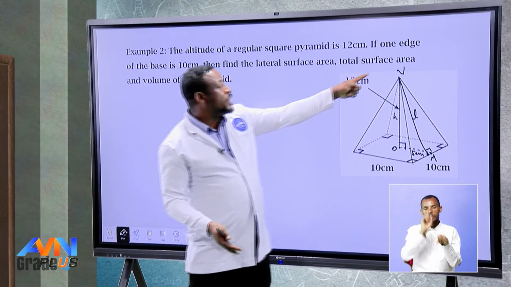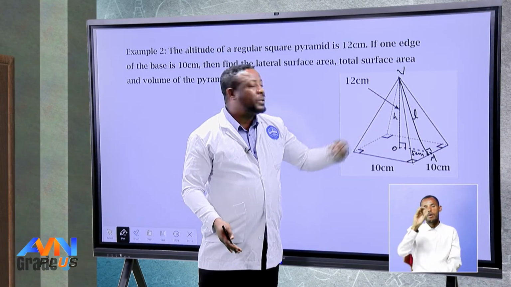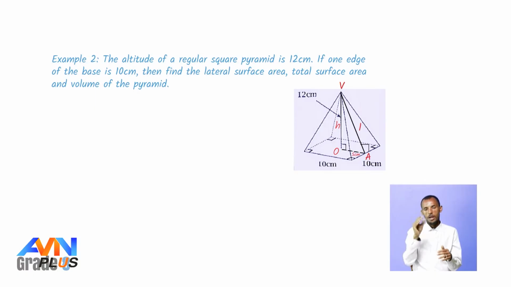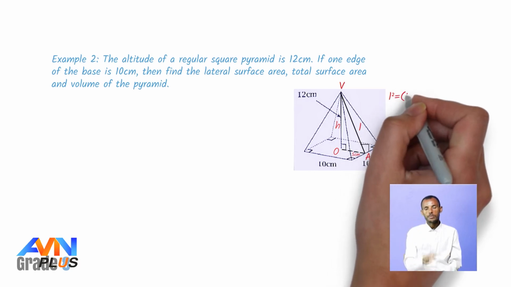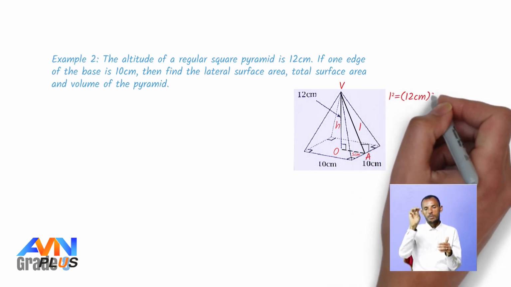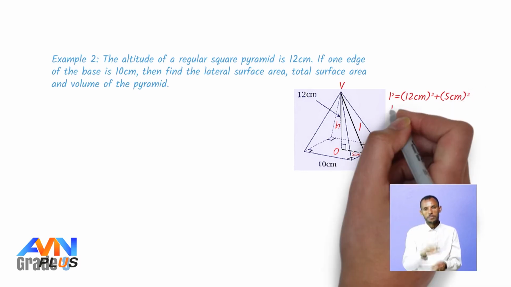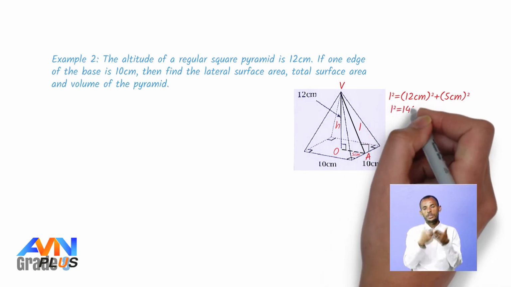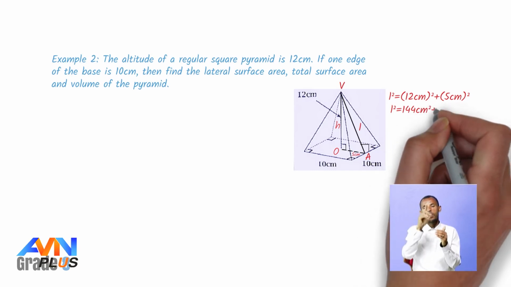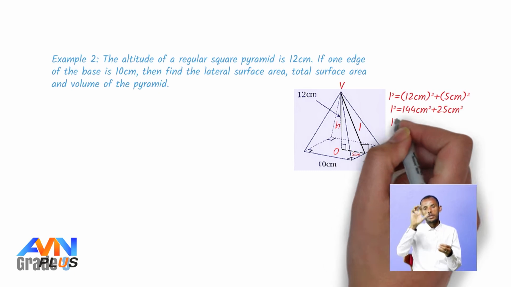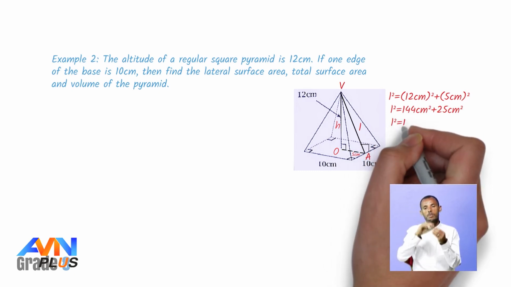So from triangle VOA, L becomes the hypotenuse, so we can write L square is equal to 12 centimeter square plus 5 centimeter square. So L square is equal to 144 centimeter square plus 25 centimeter square.